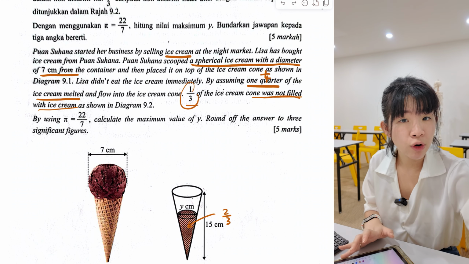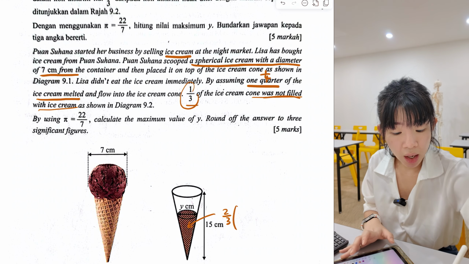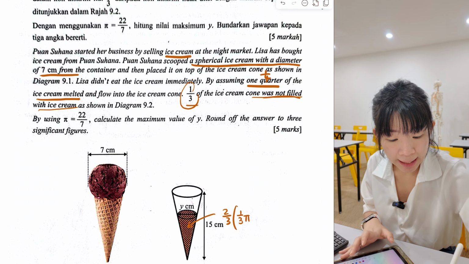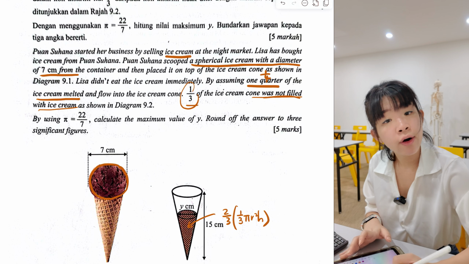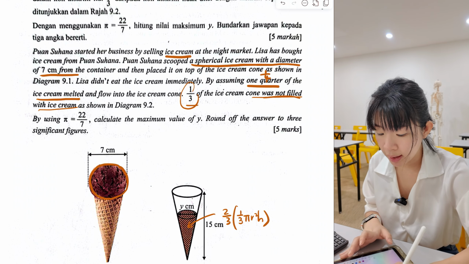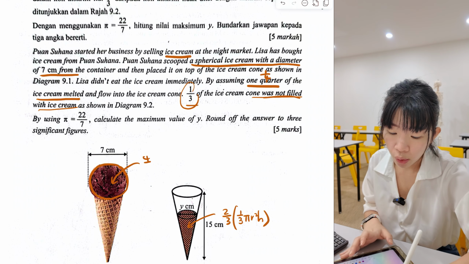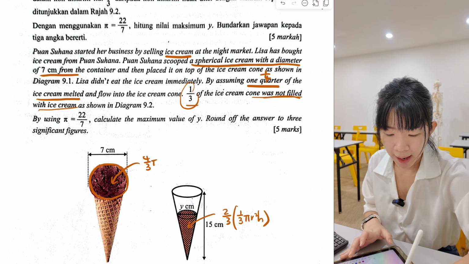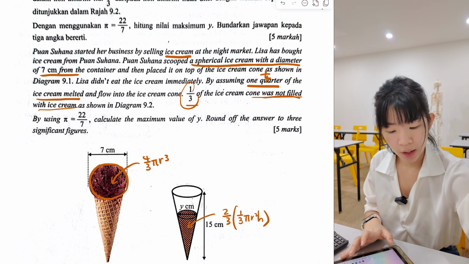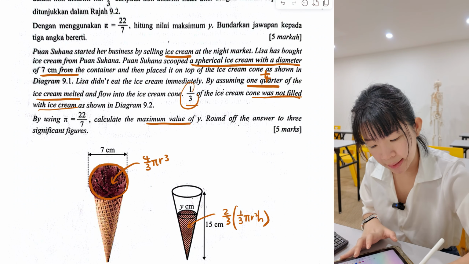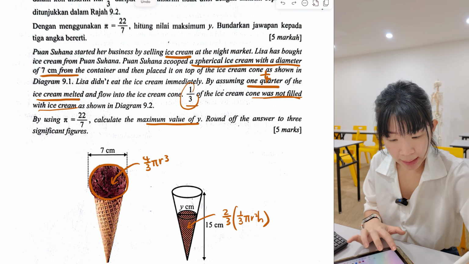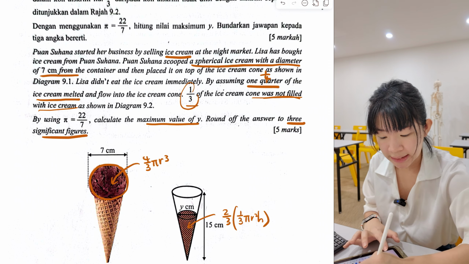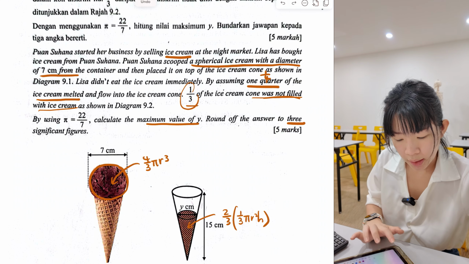So what is the volume of a cone formula? It is 1/3 pi r square h. Then for a sphere, what is the volume formula? Sphere is always 4/3 pi r cube. Now calculate the maximum value of y. You need to find the diameter y, and round off the answer to 3 significant figures.